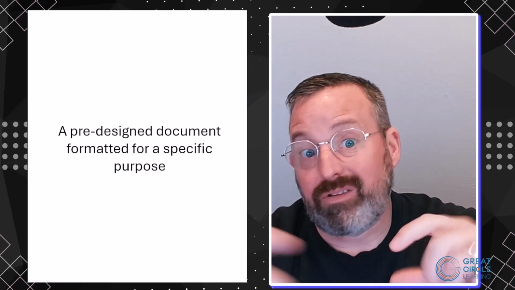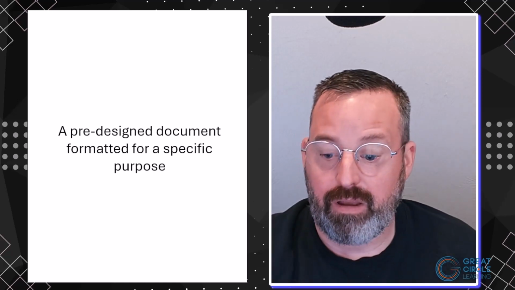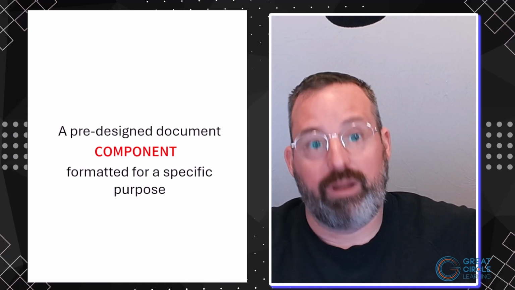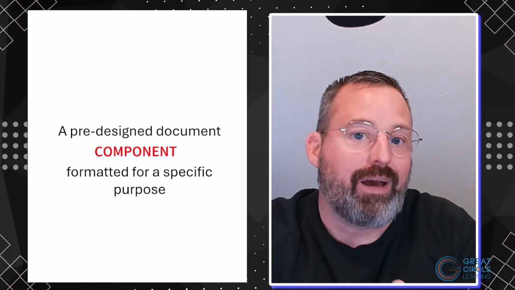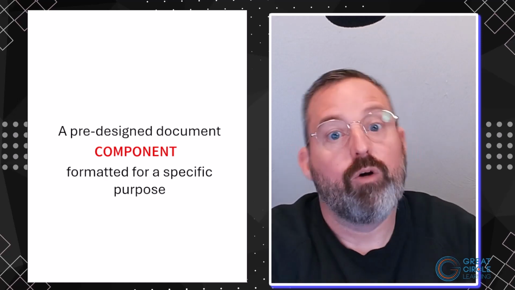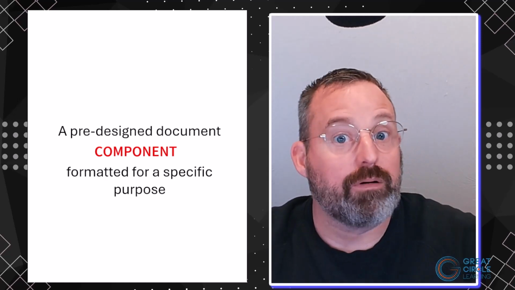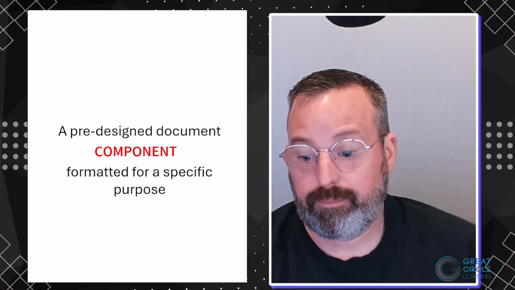Each one of those is its own little piece that's being managed separately. So in reality, it's a pre-designed document component formatted for a specific purpose. Each one of those we need to be able to manage separately so we can get the look and feel and the effectiveness in one single document.